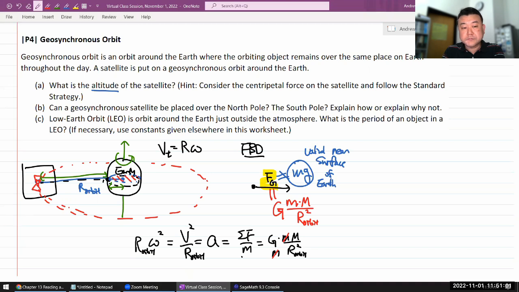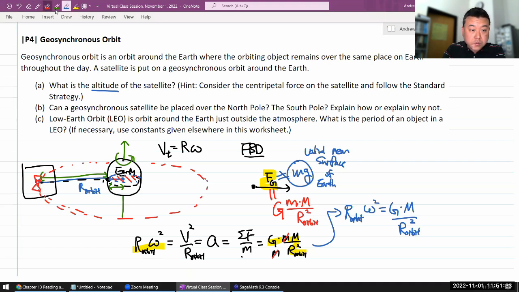Let me write out a cleaned up version here, equating the far left hand side with the far right hand side. The cleaned up version says r orbit omega squared is equal to G times big M, the mass of Earth, divided by r orbit squared.